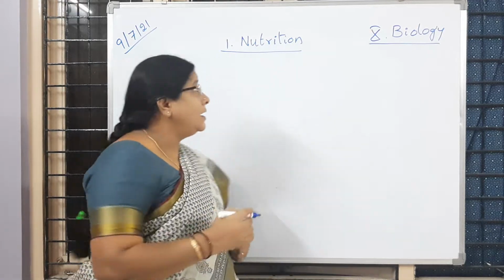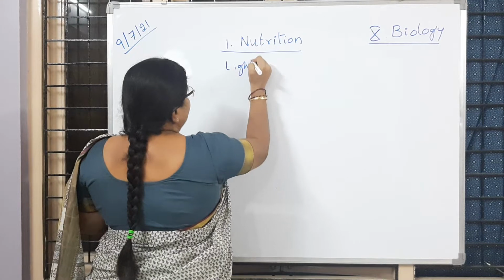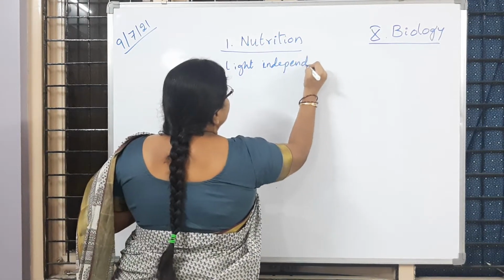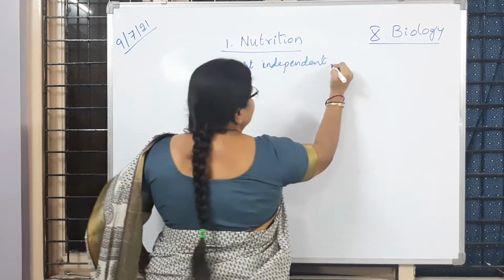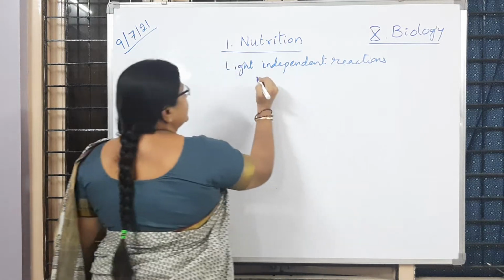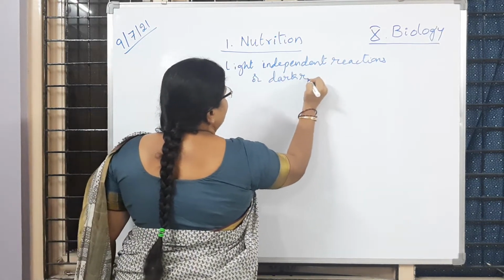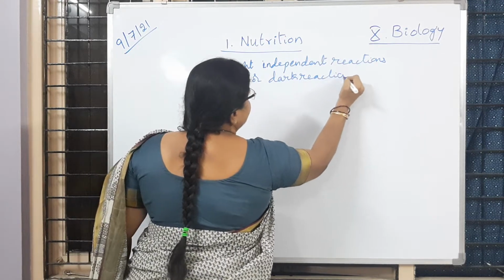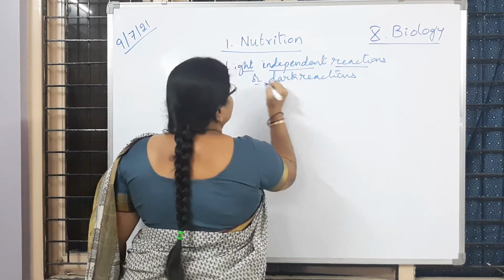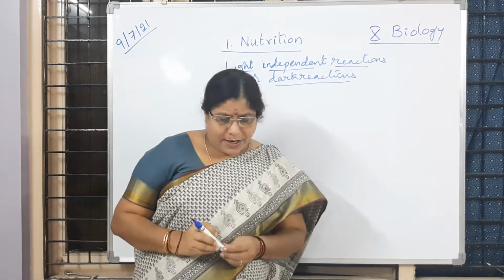So now we will learn about the light independent reactions of photosynthesis, or dark reactions. Light independent reactions are dark reactions.